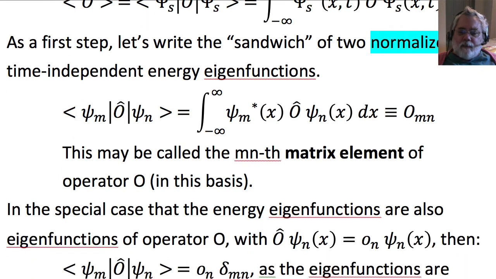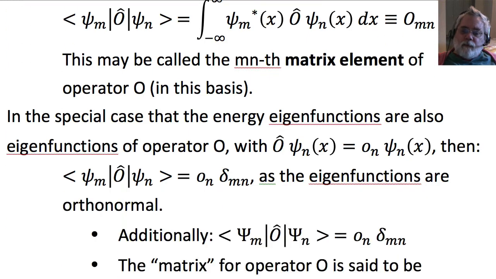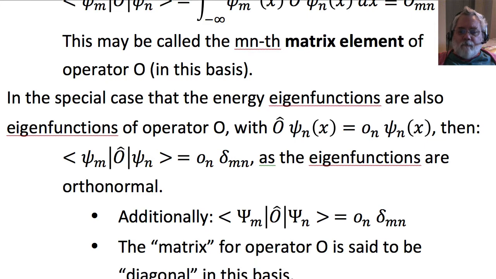Now, in the special case that the energy eigenfunctions are also eigenfunctions of operator O, which sometimes will be the case and sometimes won't be, but if it is the case, then O psi sub n equals little o sub n of psi sub n. And in that case, the sandwich of the matrix element, psi sub m O psi sub n, is going to be that eigenvalue, o sub n, times the Kronecker delta of m and n.